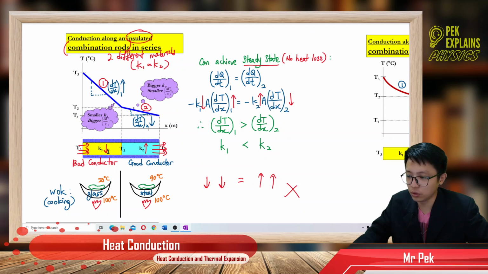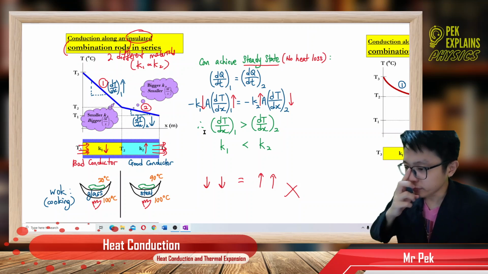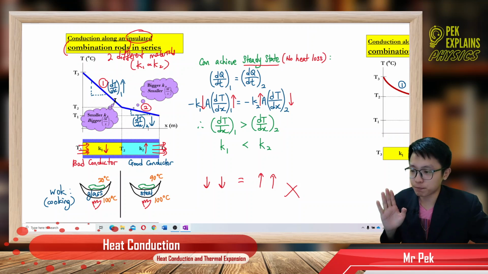So low K, low thermal conductivity, high gradient. High thermal conductivity, low gradient. This is what happened. So we can say the first part of the graph is a bad conductor.